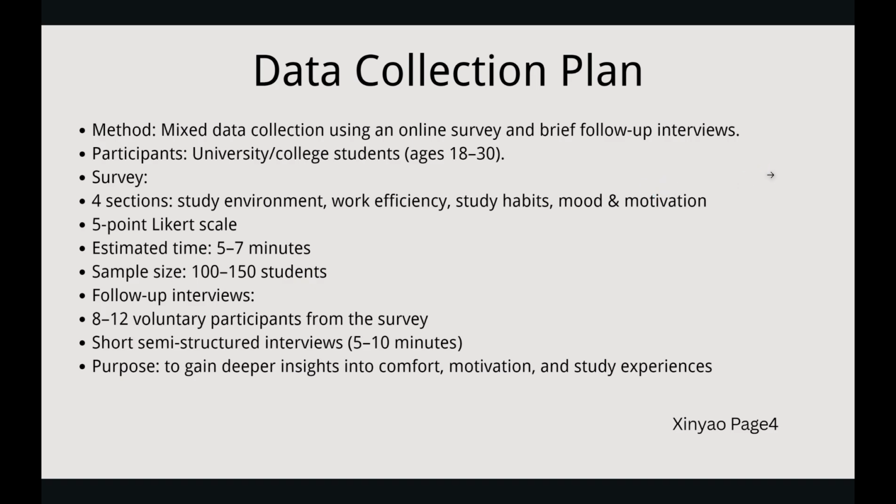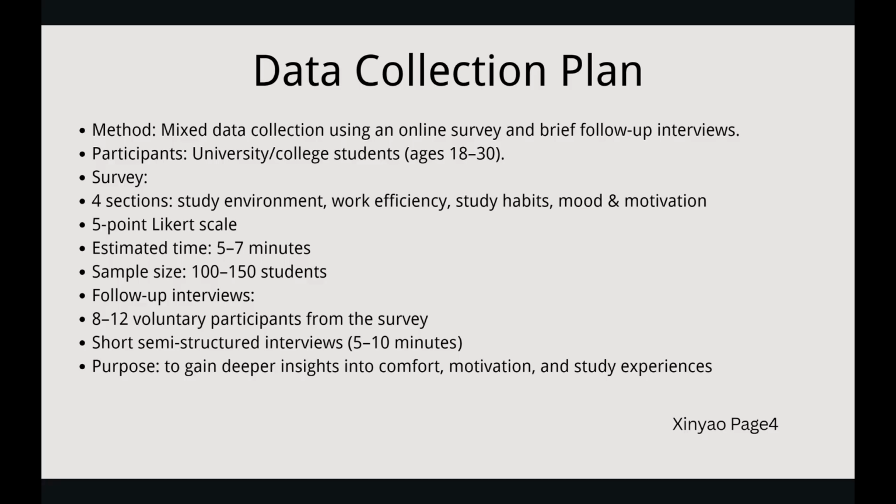Our study uses two data collection methods, an online survey and short follow-up interviews. The survey includes four main sections: study environment conditions, working efficiency indicators, study habits, and students' mood and motivation. It uses a 5-point Likert scale and takes about 5 to 7 minutes to complete.